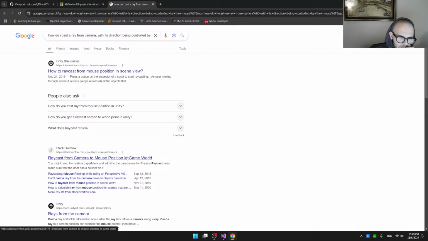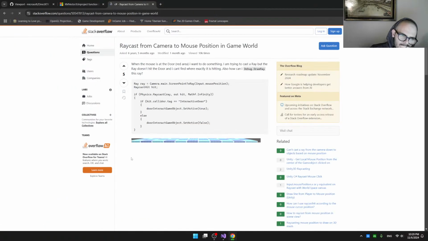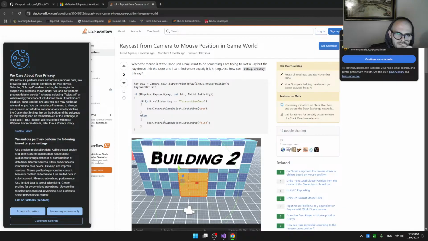Ray assigned to mouse position. What? When the mouse is at the door, I want to do something. I'm trying to cast a ray, but the ray doesn't hit the door. And I can't find what exactly it is hitting.